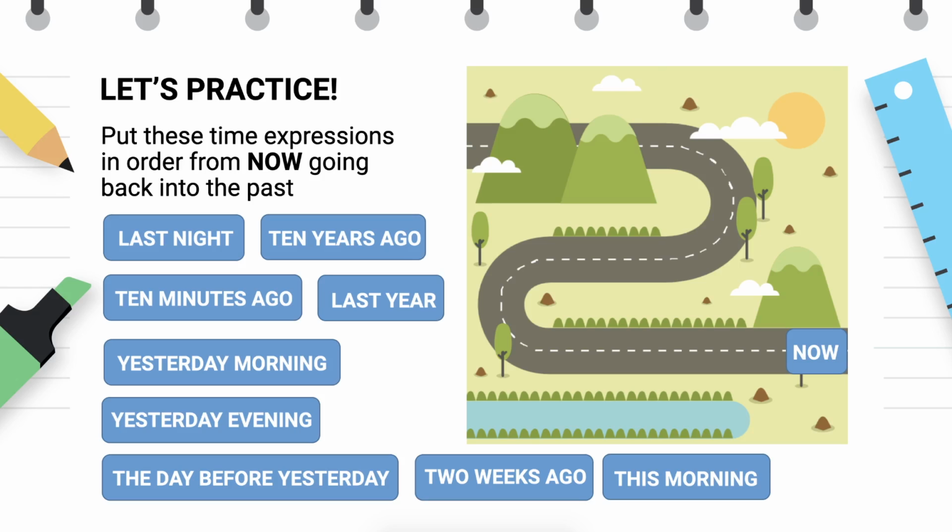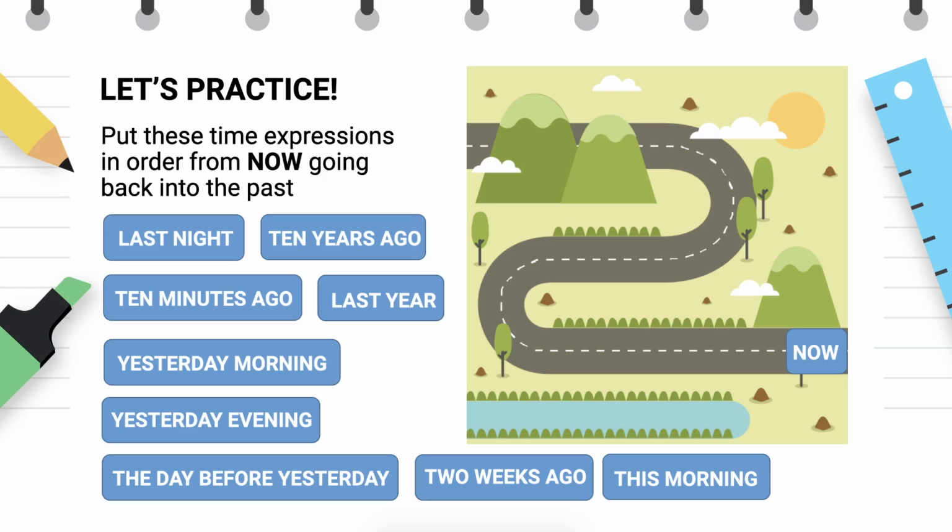Okay, now we can practice a little bit the past time expressions that we talked about today. Here is one task for you. We have several past time expressions and we are supposed to put them in chronological order starting from now, moving backwards by trying to find the closest past time expressions that we can put next to now, and then we can move backwards, putting them all in chronological order.